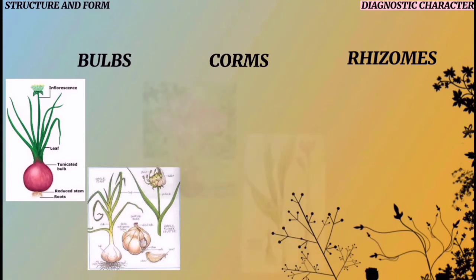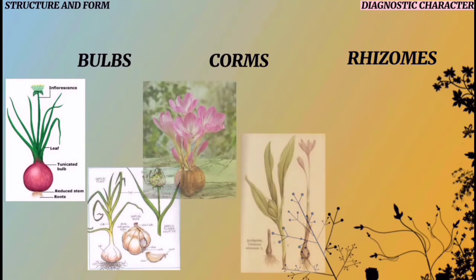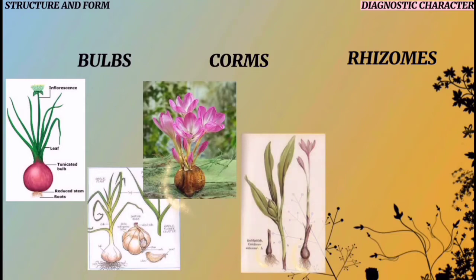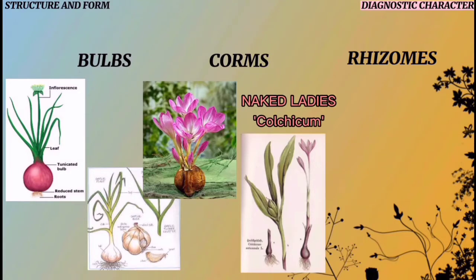Next, corms. A corm, or bulbotuber, is a short, vertical, swollen underground plant stem that serves as a storage organ that some plants use to survive winter and other adverse conditions such as summer drought and heat. An example of these is colchicum.